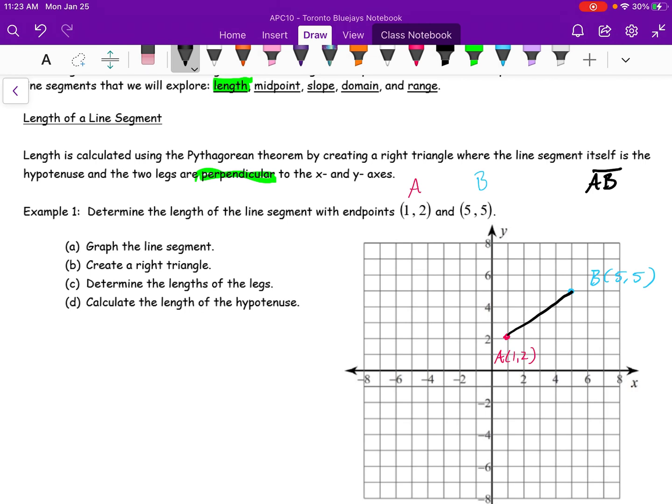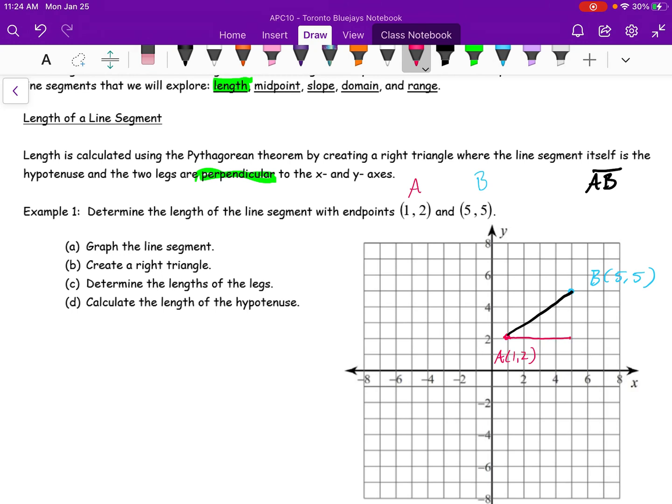So what is the length from A to B? Or another way of looking at it is, what is the length of line segment AB? It's very difficult to determine because it goes diagonally across the coordinate system. So what do we do?